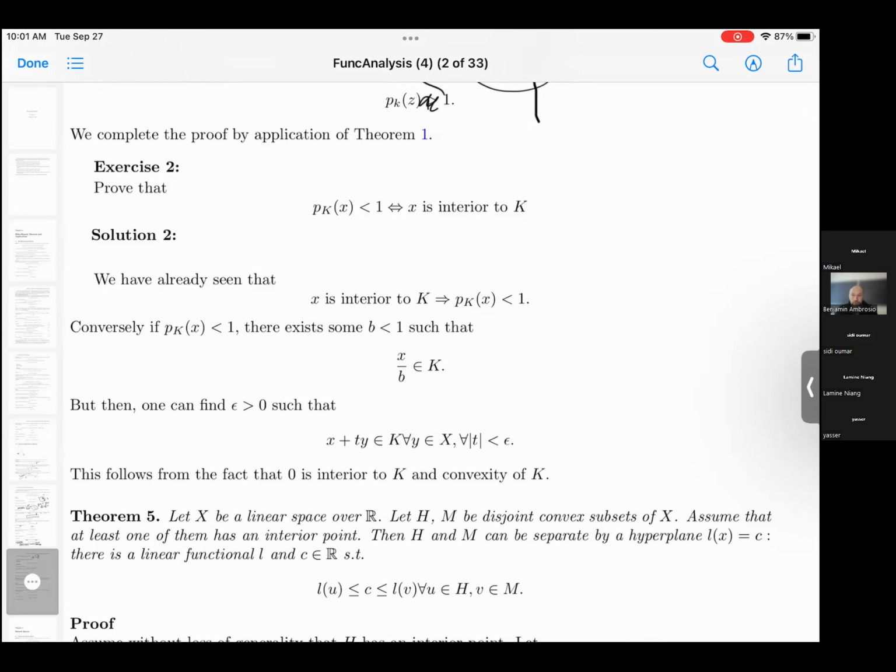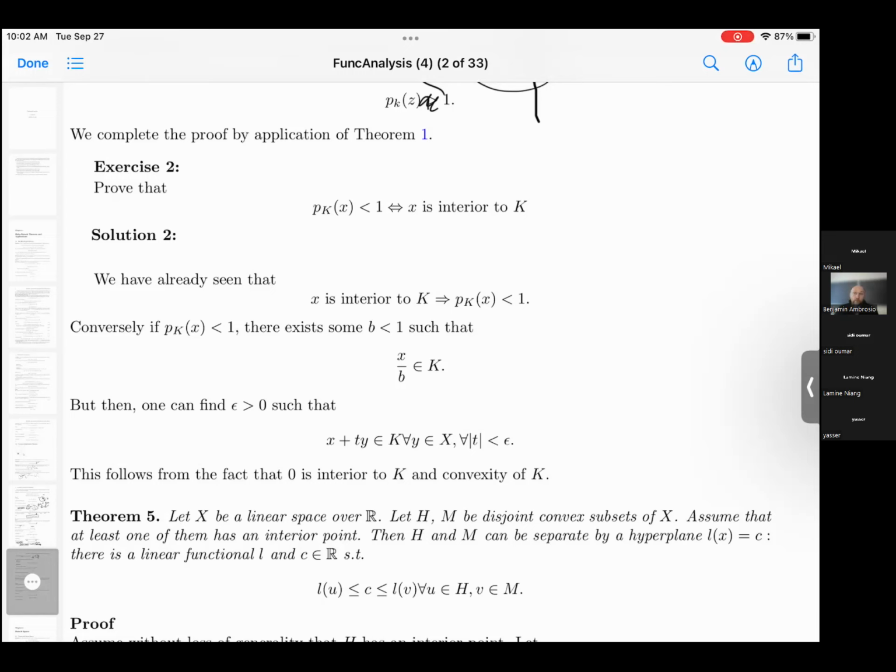Then you can separate H and M by a hyperplane, L of x equals C, which means that there exists a linear functional L and some number C, such that L of u is less than C is less than L of v for all u in H, for all v in M. And just a quick idea about the proof.